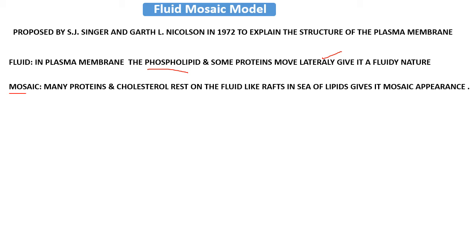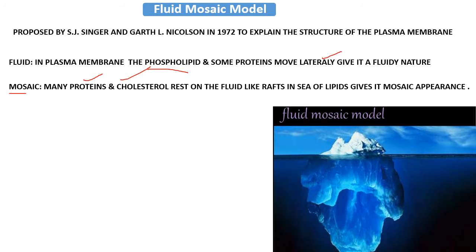Because some proteins and cholesterol rest like rafts in the sea of lipid and give it a mosaic appearance. To explain this, we can take the example of a sea with icebergs.